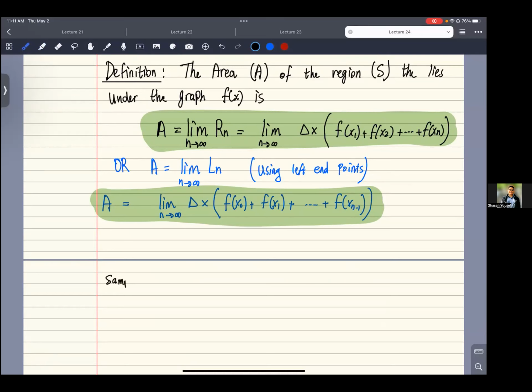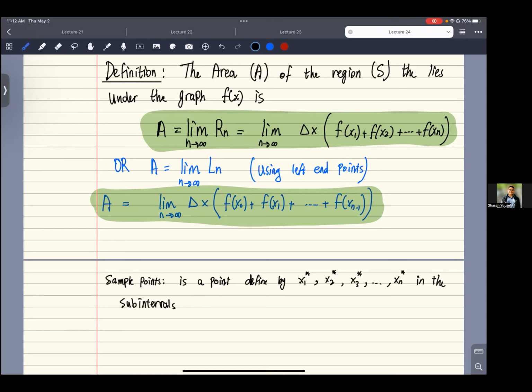Sample points are points defined by something like x1 star, x2 star, x3 star, and so on, up to xn star, inside the subintervals.